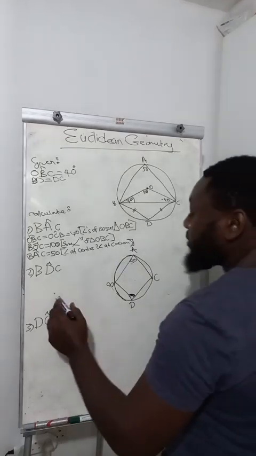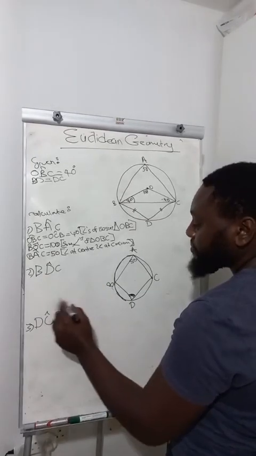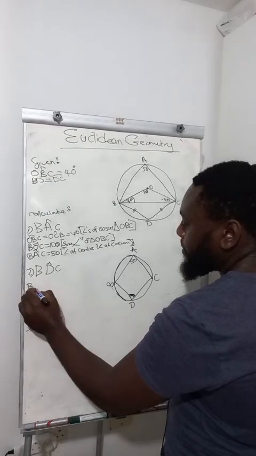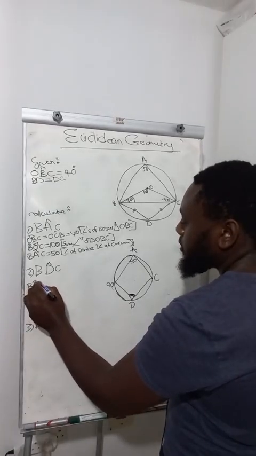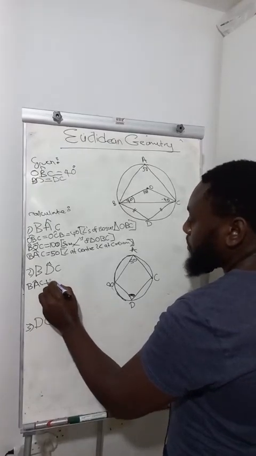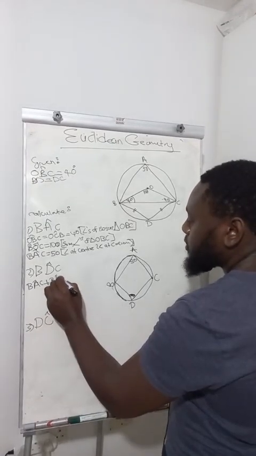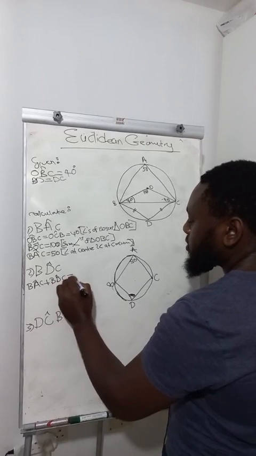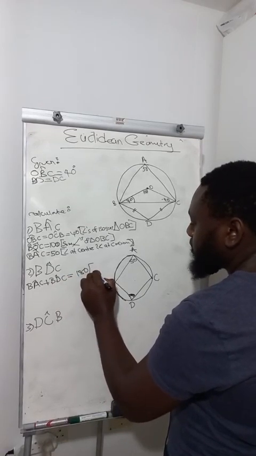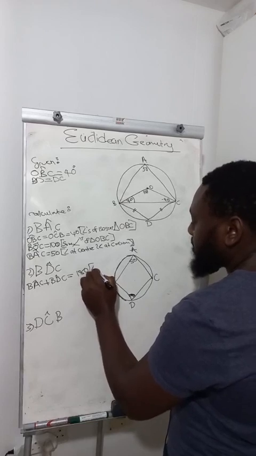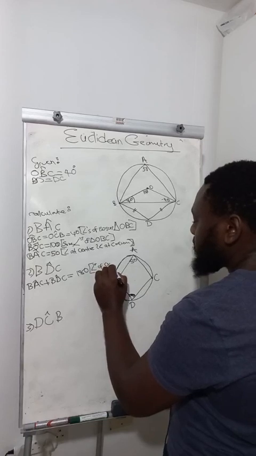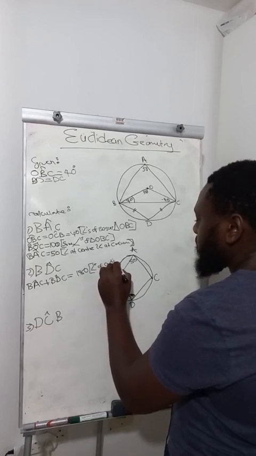So you'd say BAC plus BDC is equal to 180. The reason will be angles of a cyclic quad.